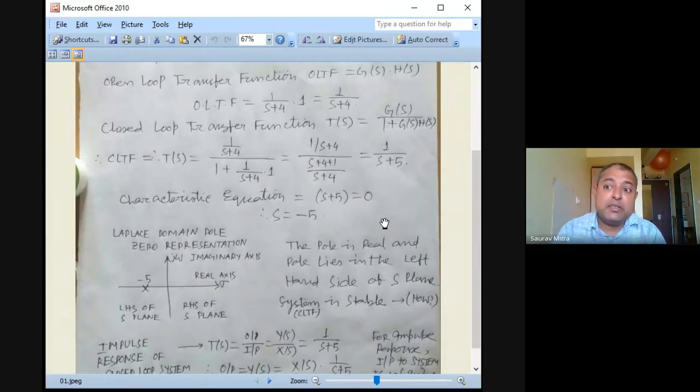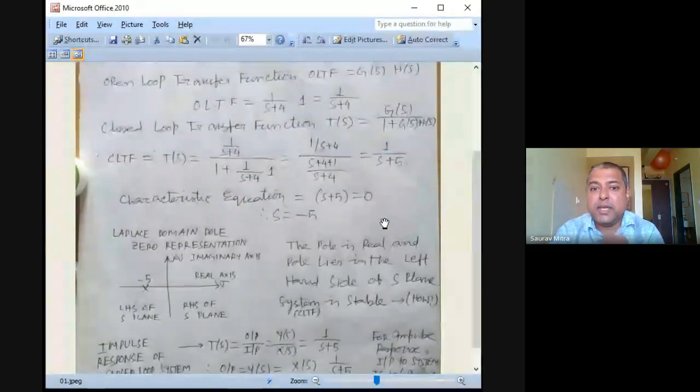But if it was a second order circuit, 1 by S square plus 3S plus 5, that means the characteristic equation is S square plus 3S plus 5 is equal to 0. In that case, it would have been a second order system. That means there are two energy storing elements. So the number of energy storing elements is equal to the order of the system. In this case, the characteristic equation S plus 5 is equal to 0. If you solve it, you find S is equal to minus 5.